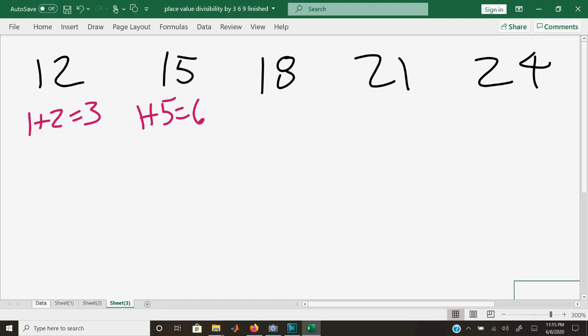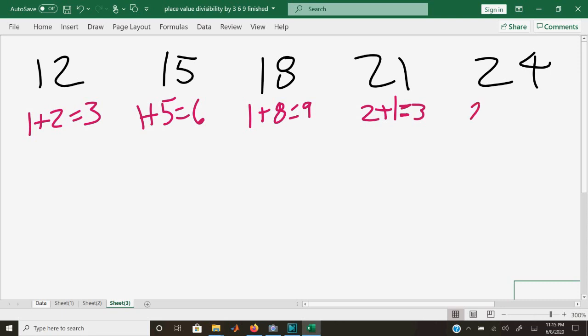It's interesting. 1 plus 8 is 9, so we know that's divisible by 9. It's also divisible by 6, though. 2 plus 1, 21. 2 plus 1 equals 3. We know it's divisible by 3. We know it's not divisible by 9 because it doesn't add up to 9. And it's obviously not divisible by 6.